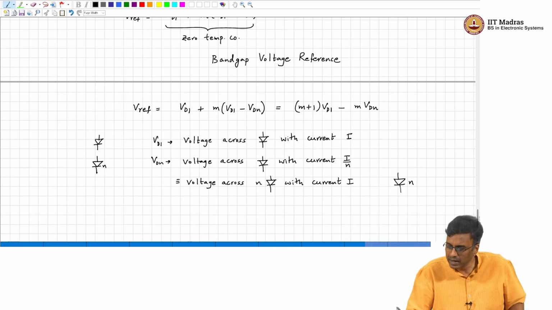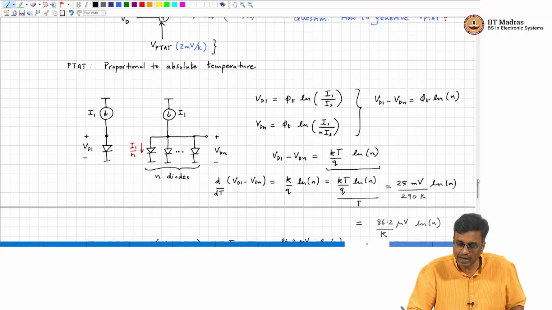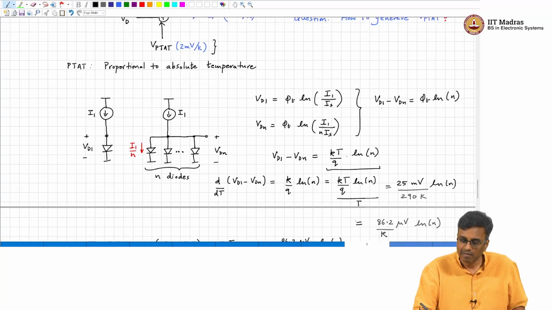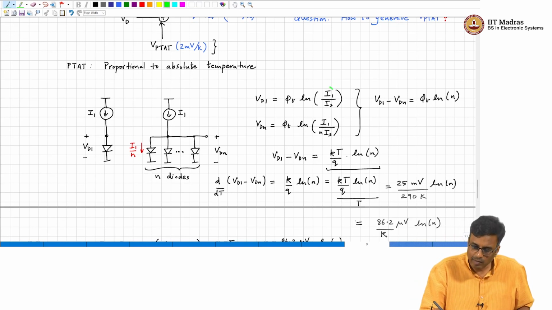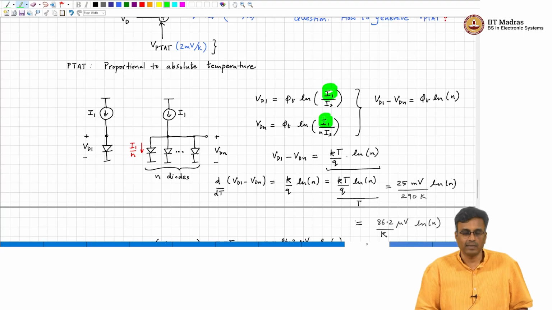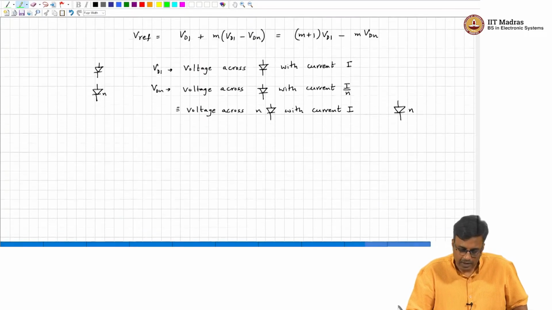Remember that only when both the diodes carry exactly the same current will VD1 minus VDN be exactly phi t ln n, which is the PTAT thing that we want. Is that clear? Only then will this factor cancel out when you subtract. All right, so that is something to bear in mind.